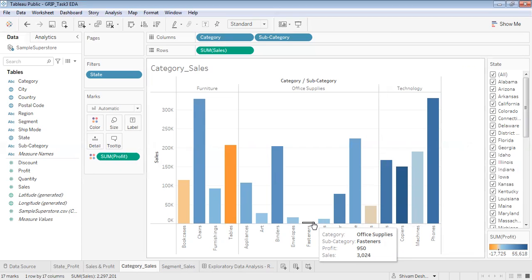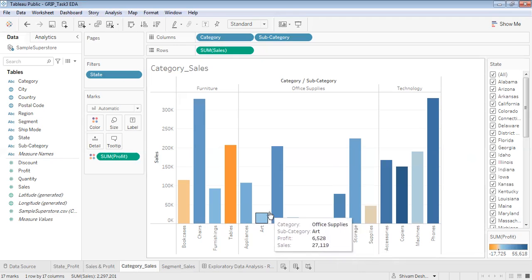Profit is also not very good, but the sales are very low, or you can say the lowest. So we have to increase the sales in fasteners and office supplies. Then art, we have to increase the sales in this category.